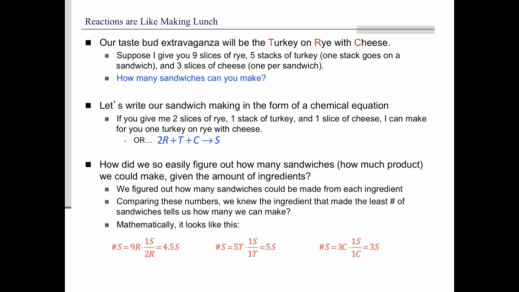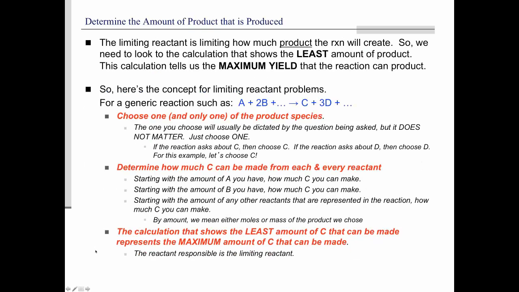We're going to need to do exactly what I just did down here at the bottom, but for our actual molecules and atoms involved in the reaction. Let's see a little bit more before we go on. So first off, the limiting reactant is the reactant which limits how much product we can make. And we want to calculate this, and we just saw that it's the reactant which produces the least amount of product.